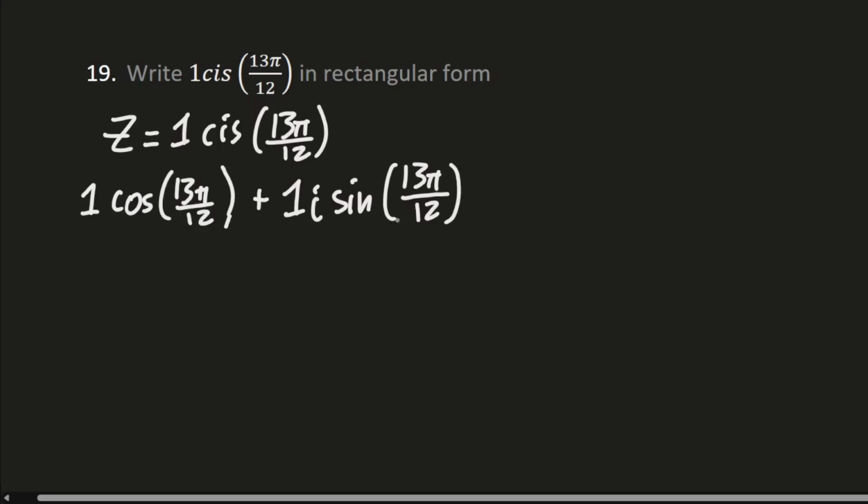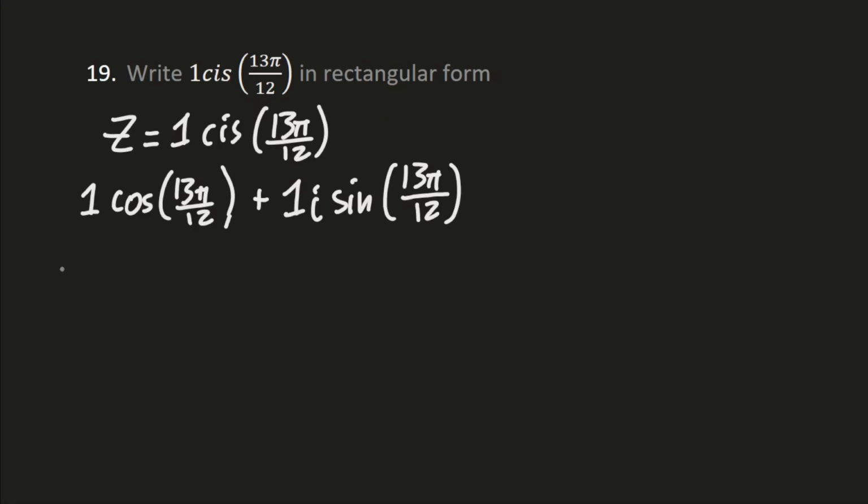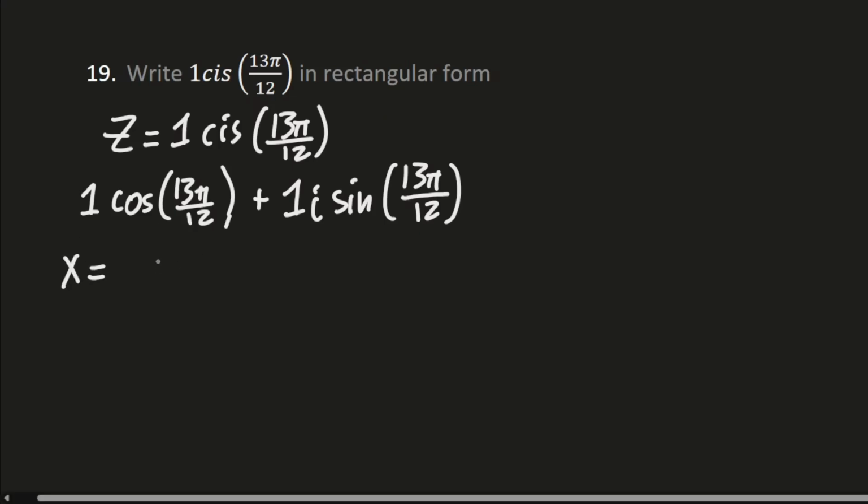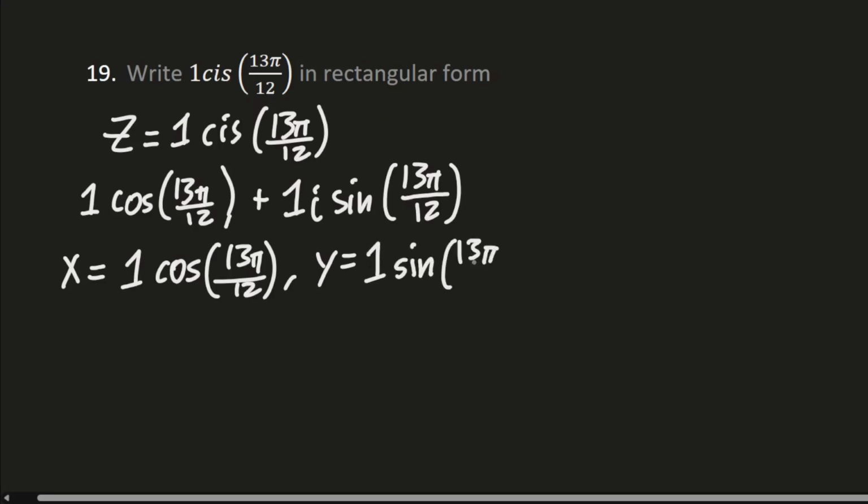And that would mean that x is equal to 1 times cosine of 13 pi over 12, and y would be equal to 1 times sine of 13 pi over 12.